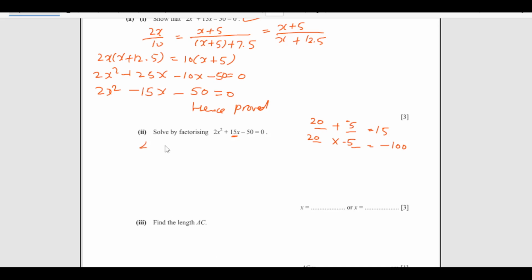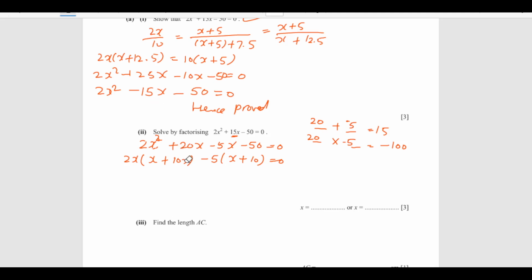So we will replace the middle term. This is 2x squared plus 20x minus 5x minus 50 equals 0. When you take out 2x from here, we will have x plus 10. Now from here 5 is common, x plus 10 equals 0. Sorry, there x will not be here, because x is outside.